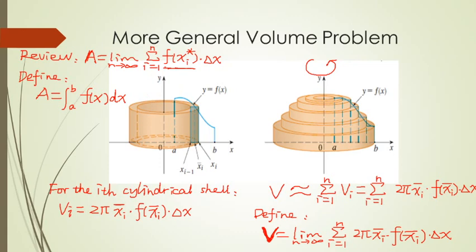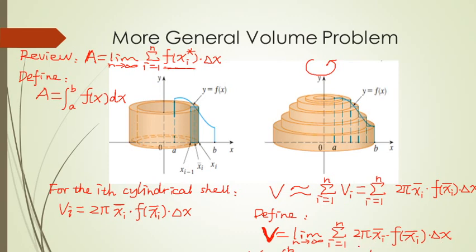In a similar way, we can also define the volume V of the solid as a definite integral from a to b, decided by the lower and upper limits of the curve. What is the integrand inside? 2 pi x times fx dx, right? 2 pi x fx dx.